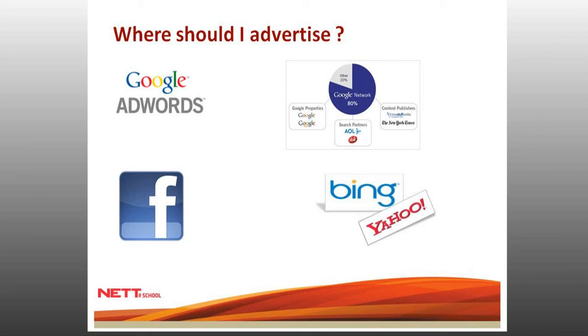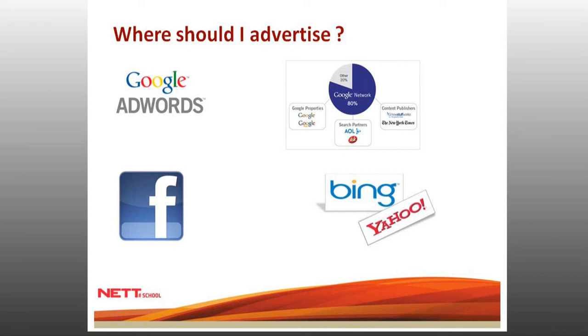But imagine if you had a budget of $20 a day to spend on your pay-per-click, and there are a lot of people going onto Yahoo searching for your products and services. Then it will be wise to spend maybe $15 on Google AdWords and $5 on Yahoo. The amount of leads that come to your website will increase.